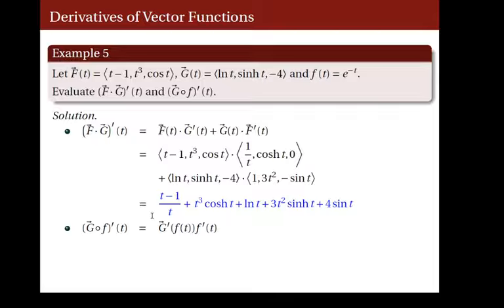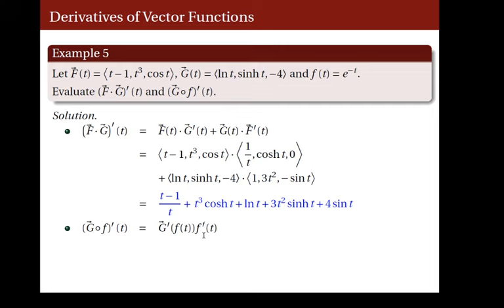Okay, now for the second derivative, we want the derivative of g composition with small f, and by the previous theorem, this derivative is equal to the function g prime evaluated at f of t times the derivative of f of t.